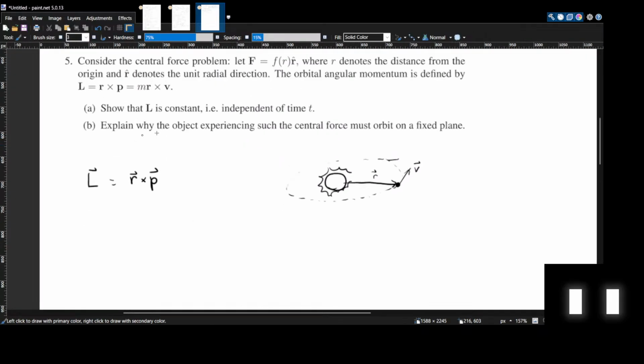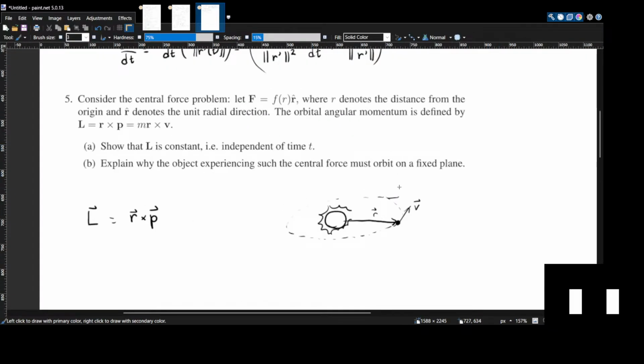All right. So if L is the angular momentum, that means L must point in the direction perpendicular to both of these by using the right-hand rule. If you use the right-hand rule, in this case, the angular momentum is going to be pointing upwards.